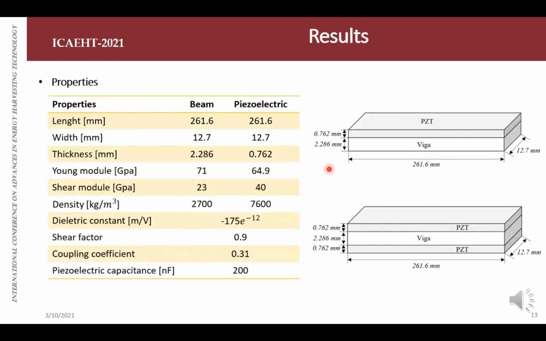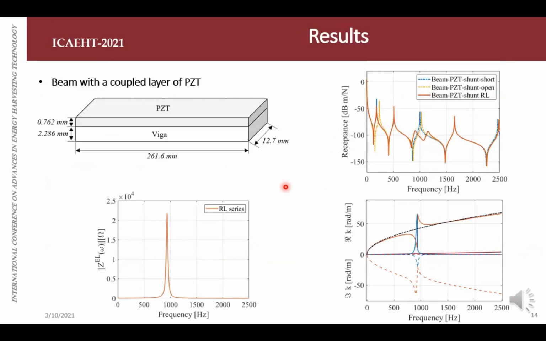The boundary condition of the structure is free. The properties adopted are described in the table. The results represent the impedance, the frequency response function, and the dispersion diagram.